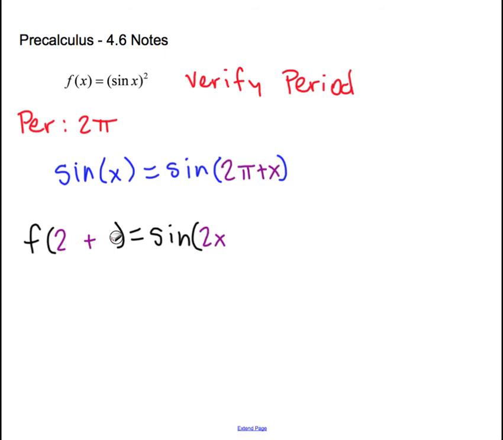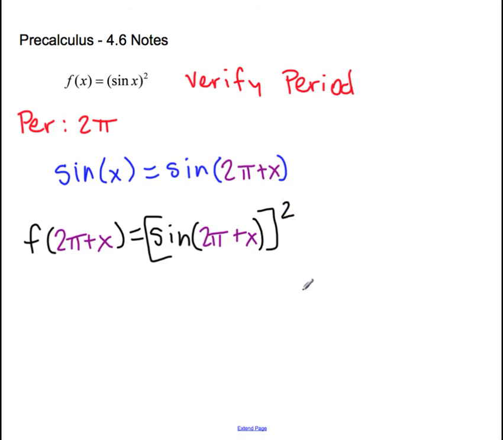This should be 2 pi plus x. So same for this guy, he needs to also be 2 pi plus x. And then it's this whole thing squared.